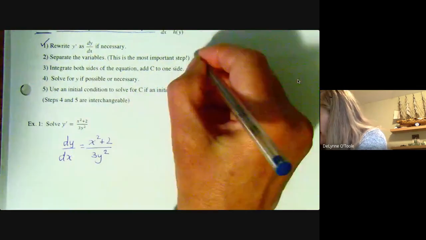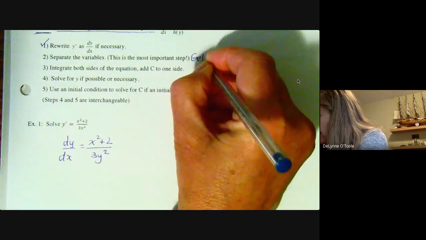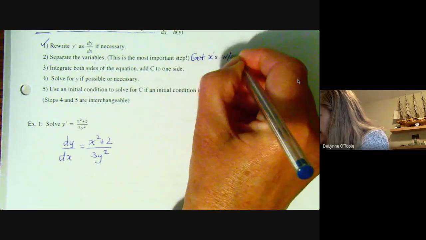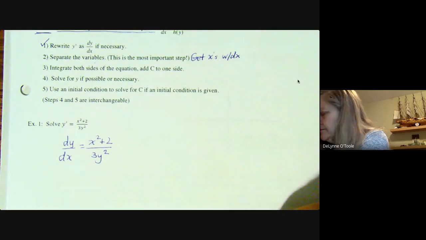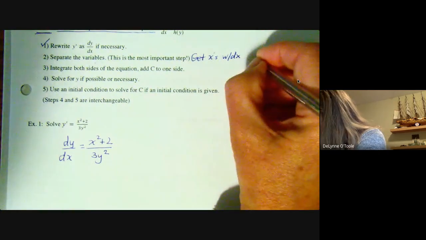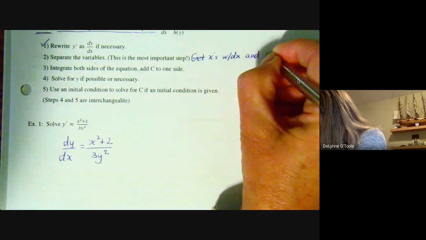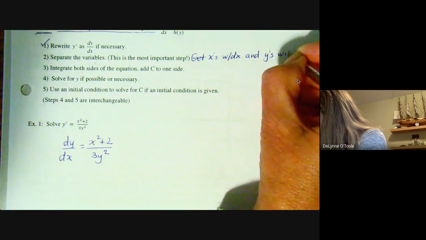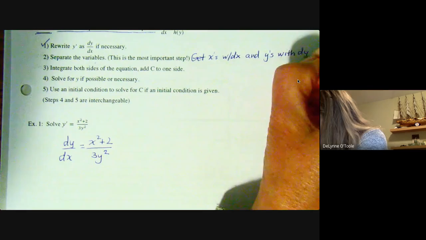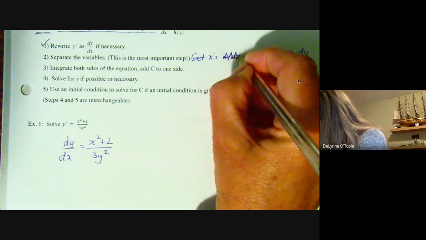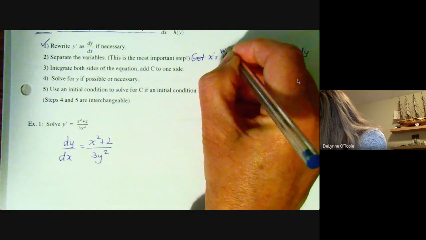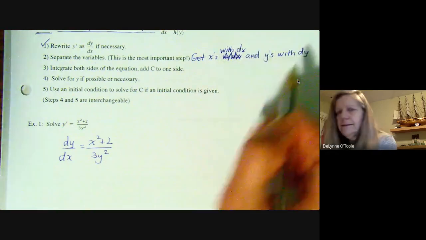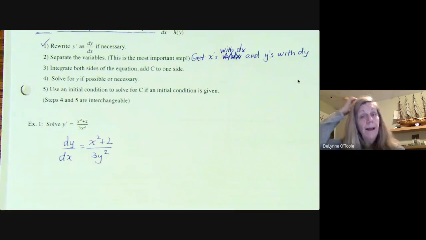What I mean by that is get the x's with dx and the y's with dy.